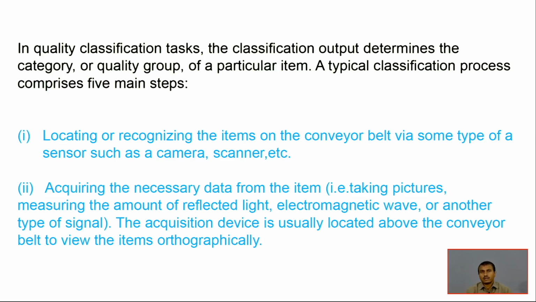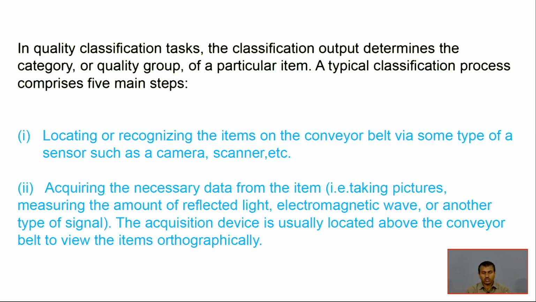And here we have set up a small data acquisition system, and that acquisition system is set up over the conveyor belt in some suitable location, so that I can measure, applying some amount of light, the image of the marble that is going through that conveyor belt.